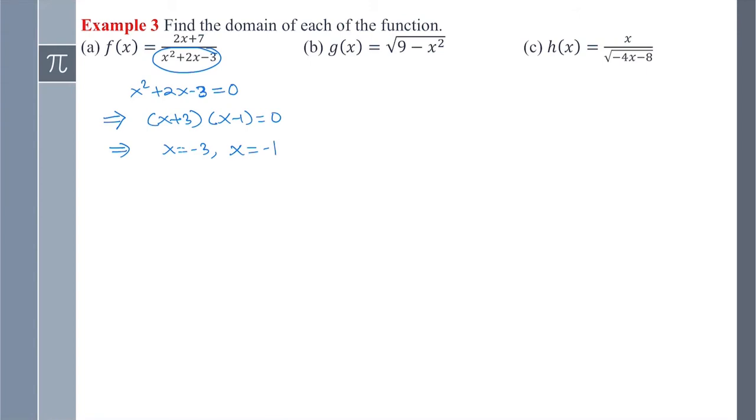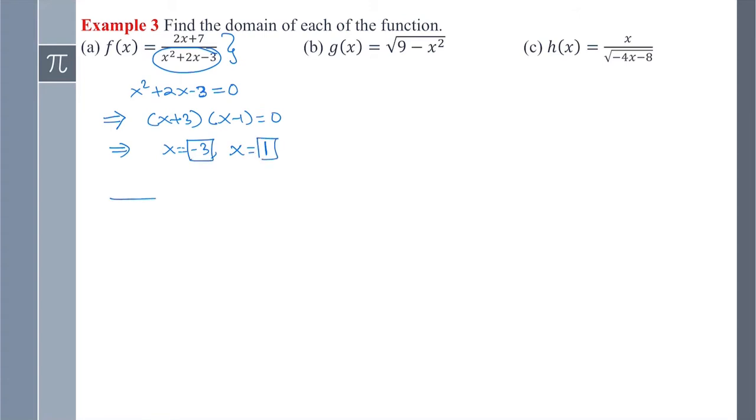That means this quantity is 0 when x is negative 3, or when x is 1. In other words, we can say this function is undefined if x is negative 3 or x is positive 1. So these two numbers cannot be in the domain of this function.